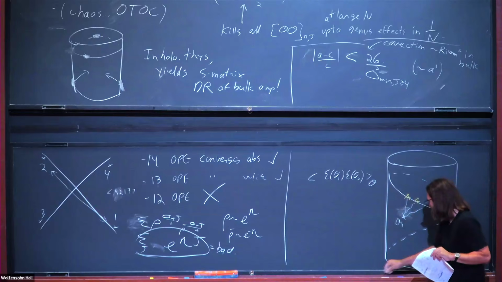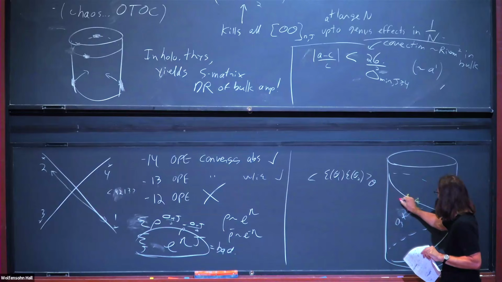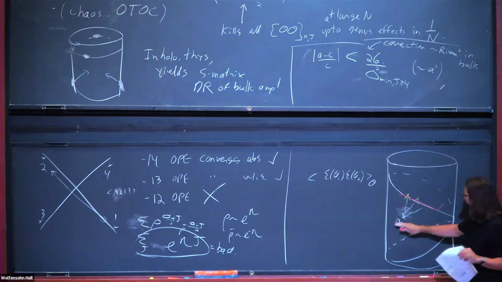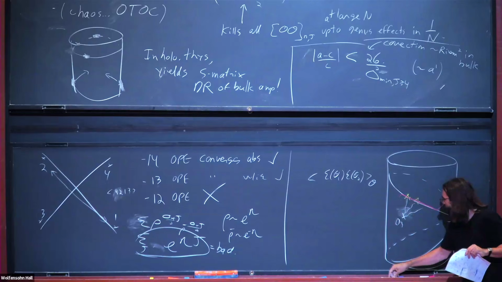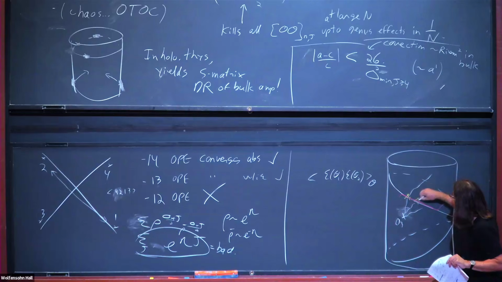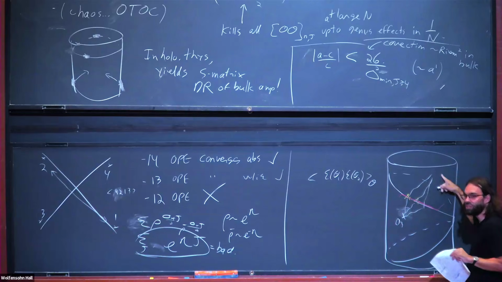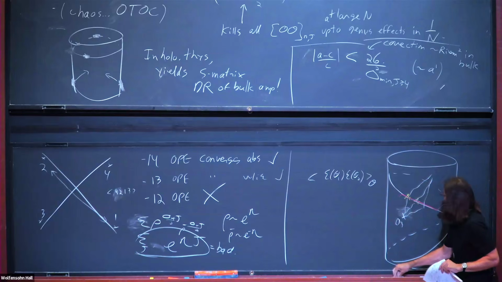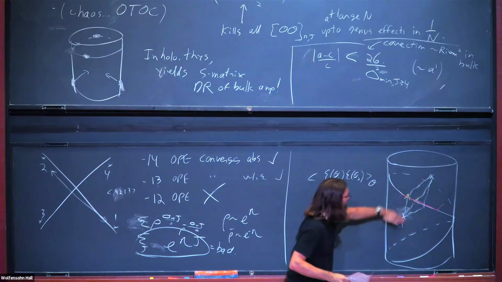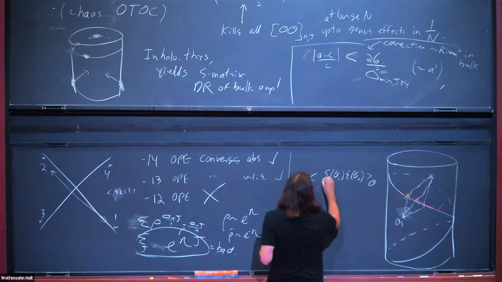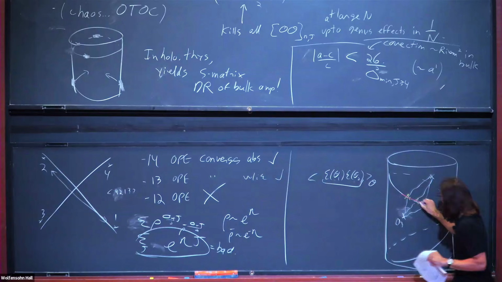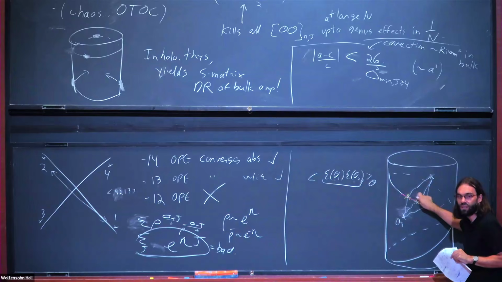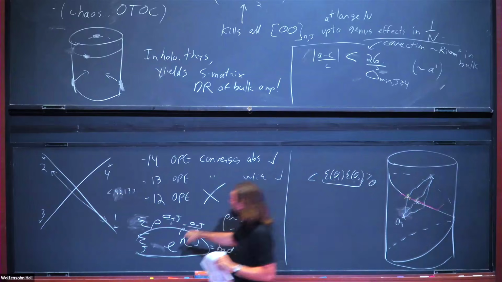And remember that Jan always had this picture with a cut. So in the future, you compute the amplitude, the amplitude goes to infinity, and then you multiply by the complex conjugate, which in this picture you can draw effectively as being on the next sheet, because it's folded. So in this kinematics, if you want to take an OPE of this guy with this guy, what you have to do is take an OPE of these two middle guys, which are exactly the 1 and 2 in this picture.